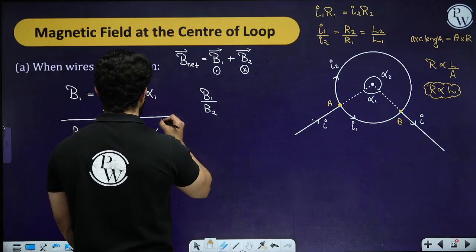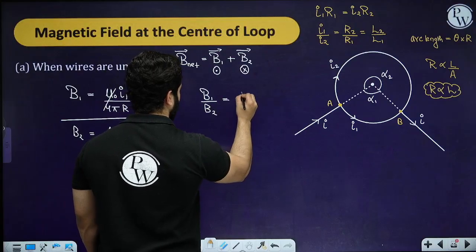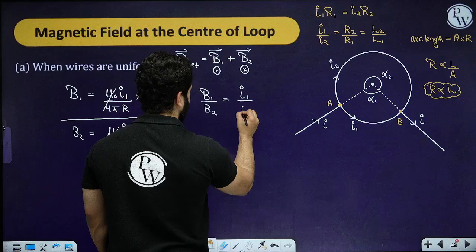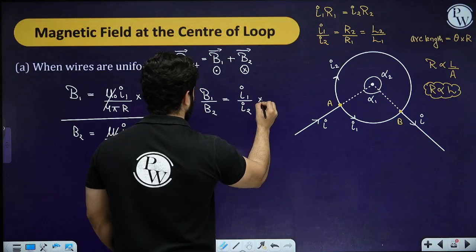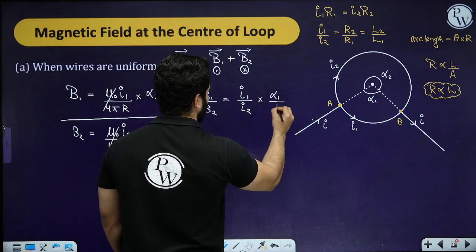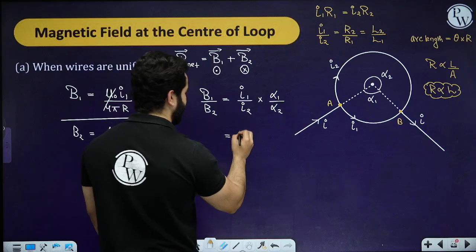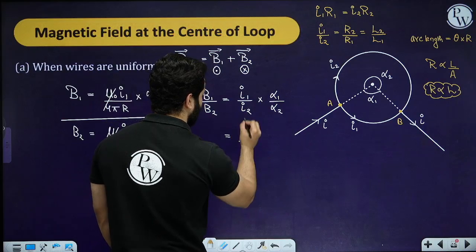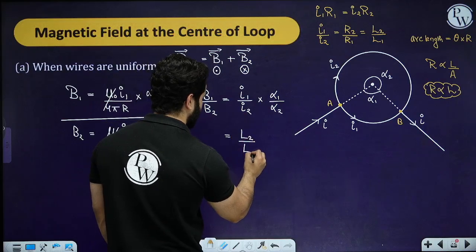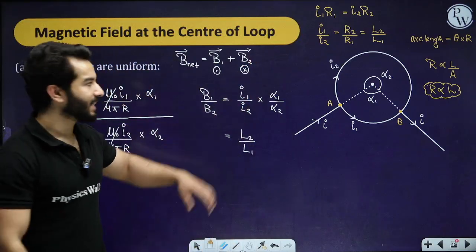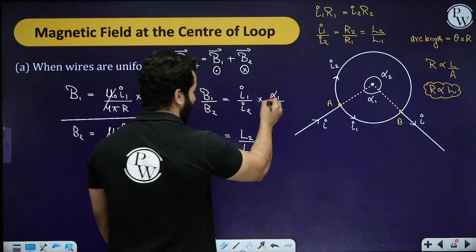I will be left with I1 upon I2 multiplied by alpha 1 divided by alpha 2. So instead of I1, I will write it as L2. Instead of I2, I will write it as L1. I1 upon I2, I can write that thing. Acha, multiplied by arc length.